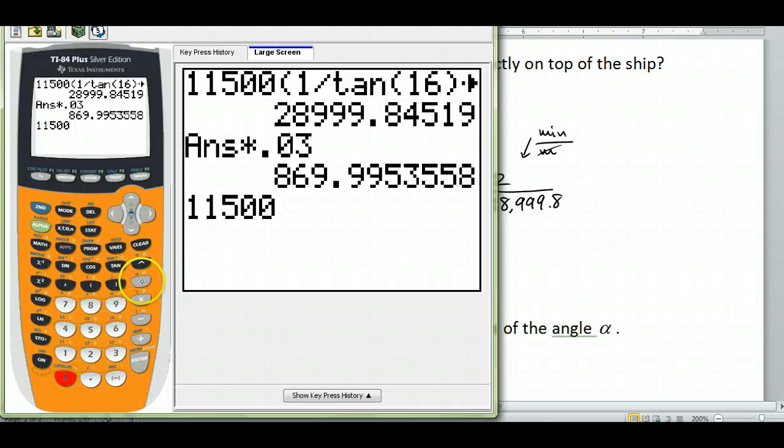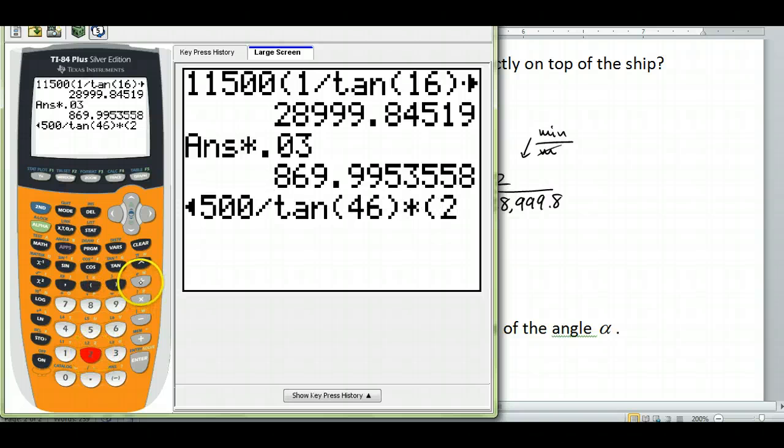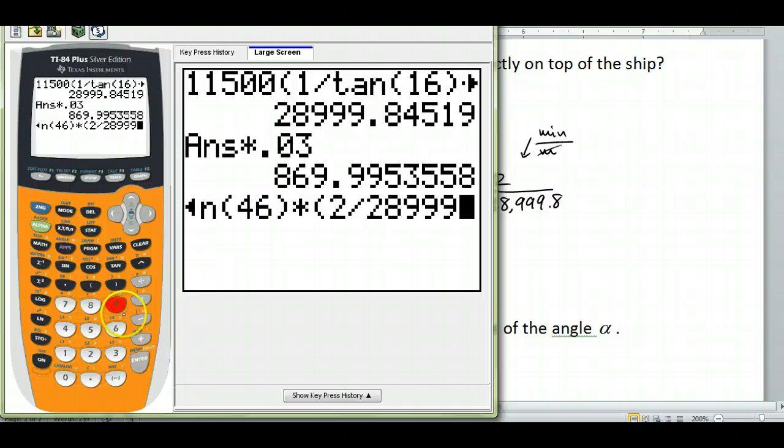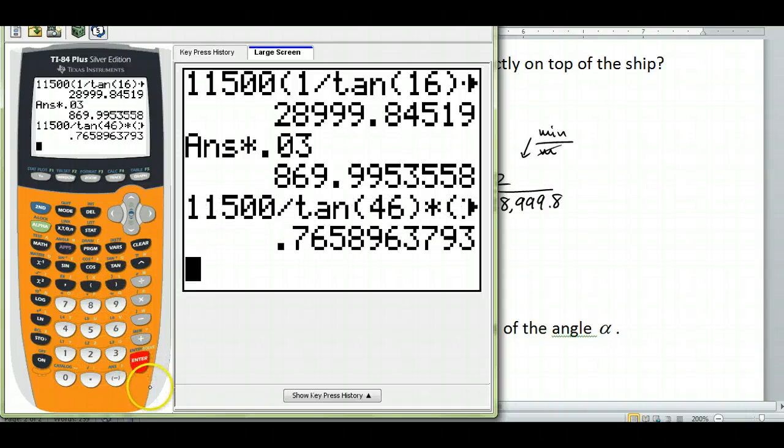11,500 divided by the tan of 46, right? And then times 2 divided by this number that is right here, 28,999.8. Okay, let's close it, and we have, okay, so it's actually less than a minute, right?